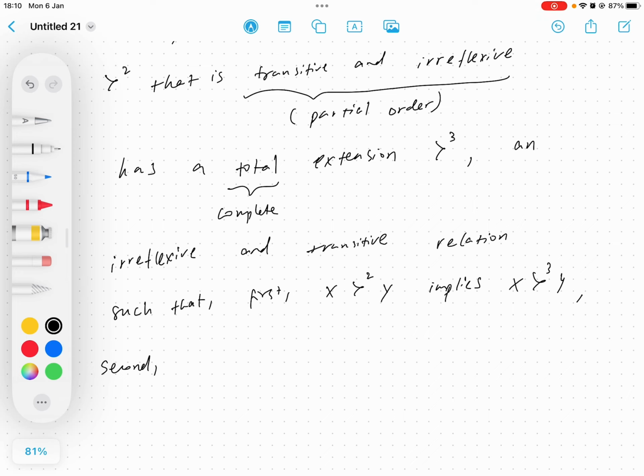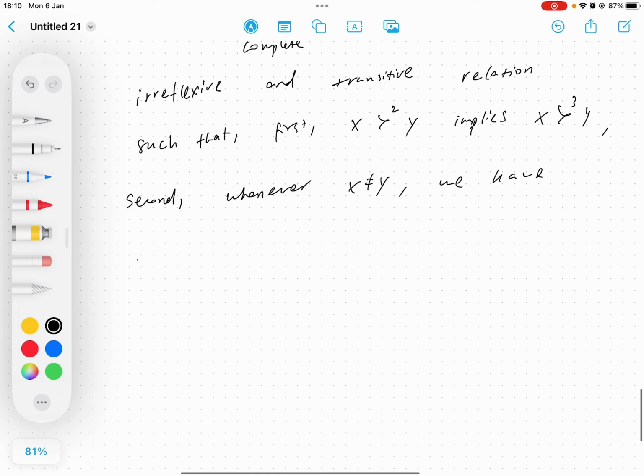And second, whenever x and y are not the same, we have either x is better than y in the third relation, or y is better than x in the third relation.